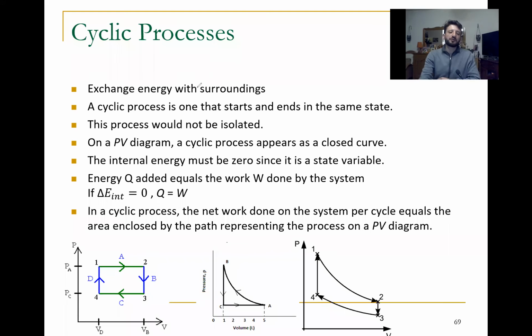The last point, in a cyclic process like this one or any one here, in the case of a closed curve, the net work, delta omega, or you can say omega of the cycle, equals the area inside the closed curve. I mean, equal to this one.